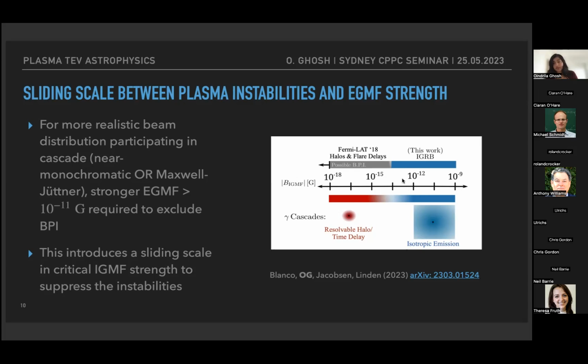So plasma instabilities could be important in a range between, say, 10 to the minus 18 to 10 to the minus 11 Gauss. This leaves a very broad range in magnetic field, and therefore it motivates a study of beam plasma instabilities.